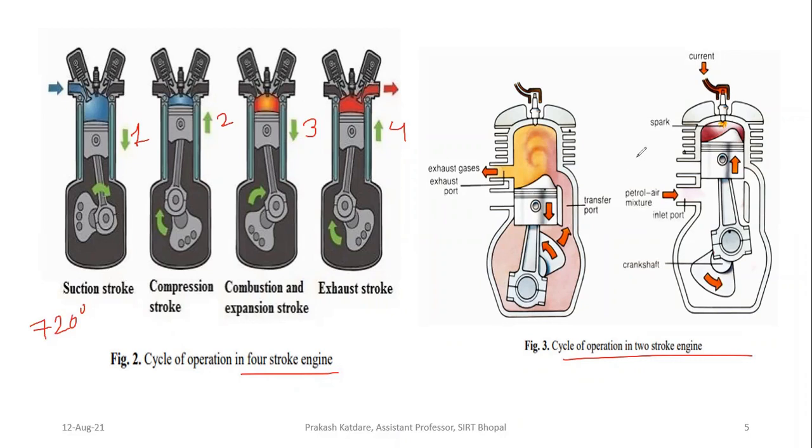While in 2-stroke, the complete cycle is completed in just 2 strokes of piston, or 1 revolution of crankshaft, or the total revolution of this crankshaft will be 360 degrees.